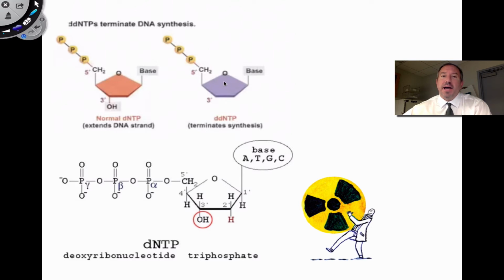What I mean by that is the 3' does not have the normal hydroxyl group. So if this was in a tube and DNA was elongating or growing inside the tube, very similar to polymerase chain reaction, if you're familiar with that, I'll go into it in a moment.